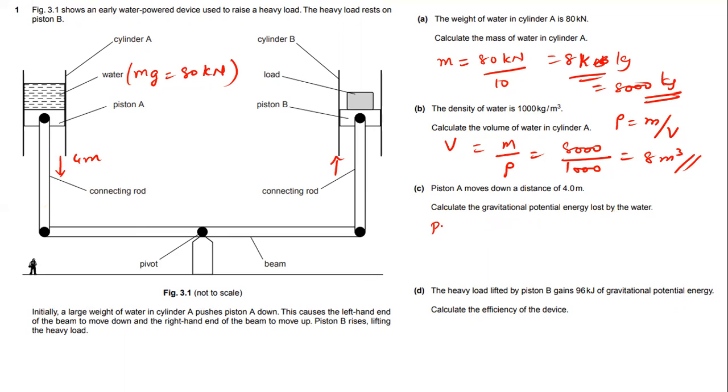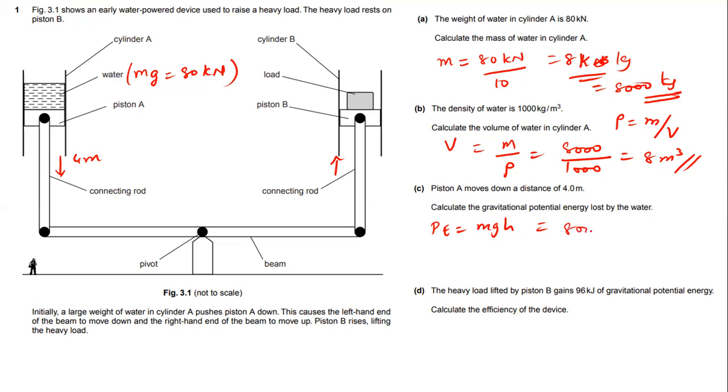What is the formula? mgh. Okay, so how much potential energy has the water lost while moving down? 4 into mg. What is the value of m here? Yeah, 4 into mg.